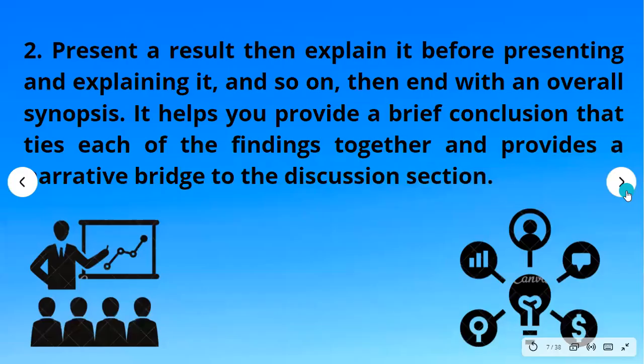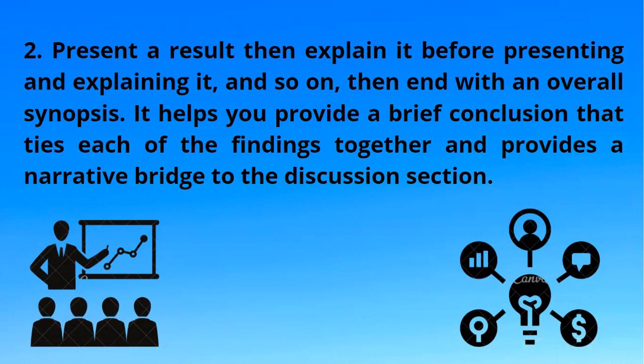Now, for the second format, present a result, then explain it, before presenting and explaining the next one, and so on. Then, end with an overall synopsis. It helps you provide a brief conclusion that ties each of the findings together and provides a narrative bridge to the discussion section.